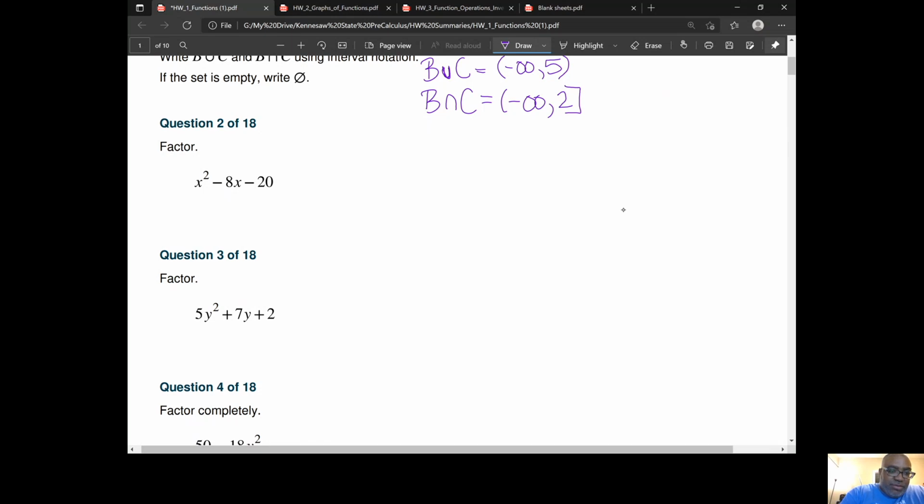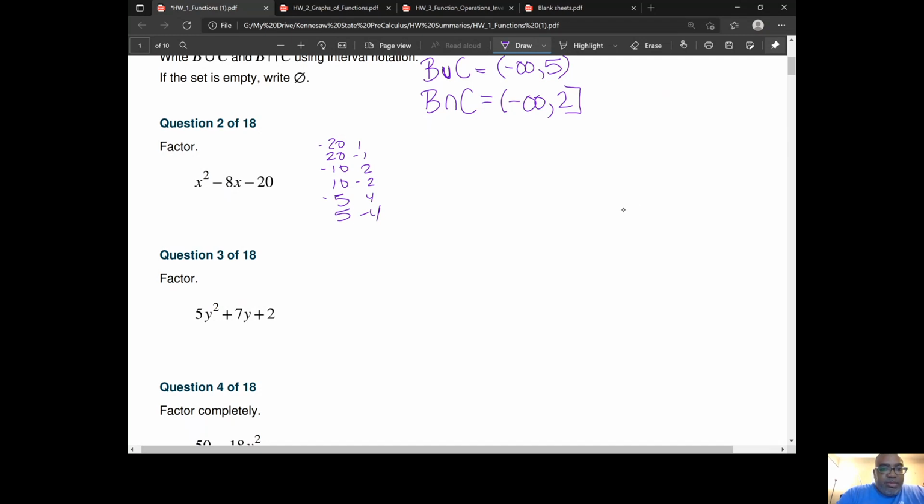So 1 times negative 20, which is negative 20. So I got negative 20 and 1, 20 and negative 1. Negative 10 and 2, 10 and negative 2. Negative 5 and 4, 5 and negative 4. That should be about it.